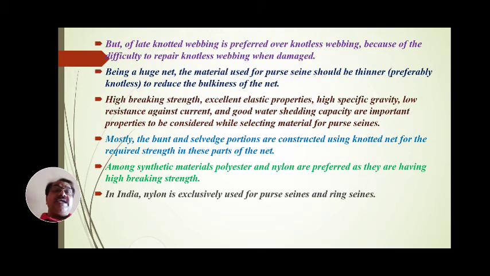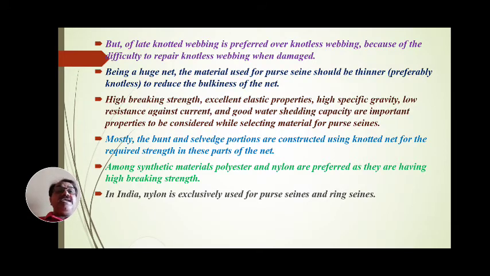Being a huge net, the material used for purse seine should be thinner, preferably knotless, to reduce the bulkiness of the net.